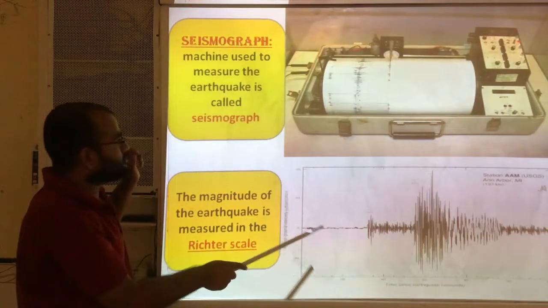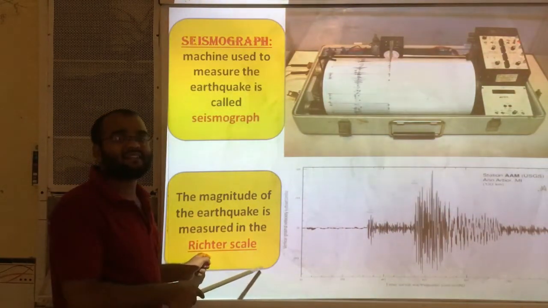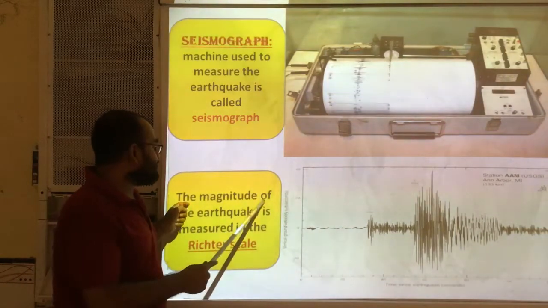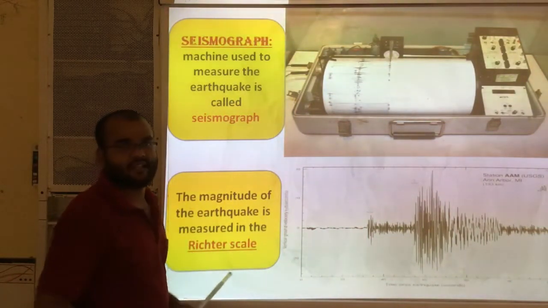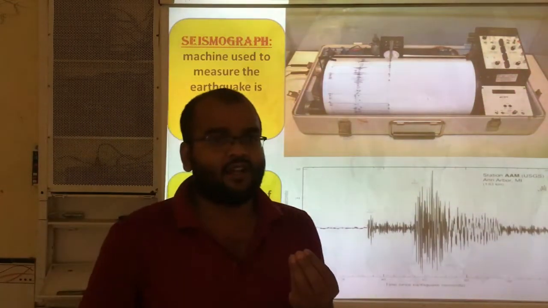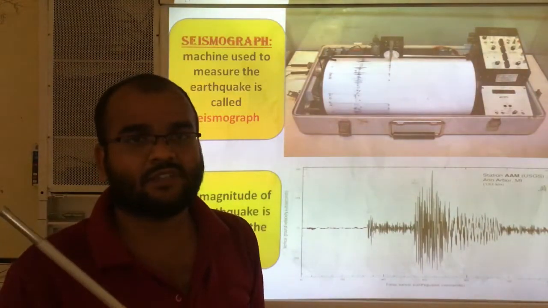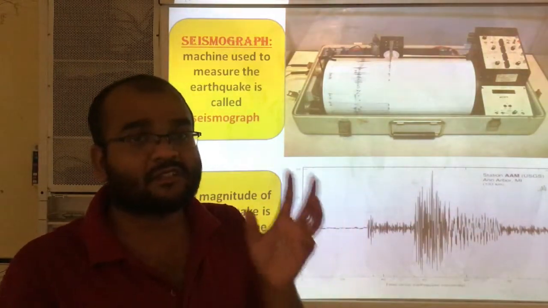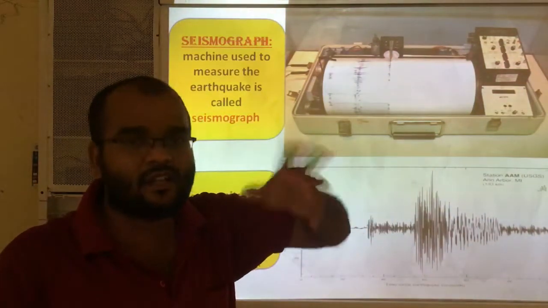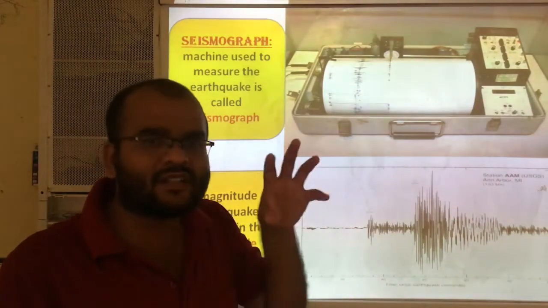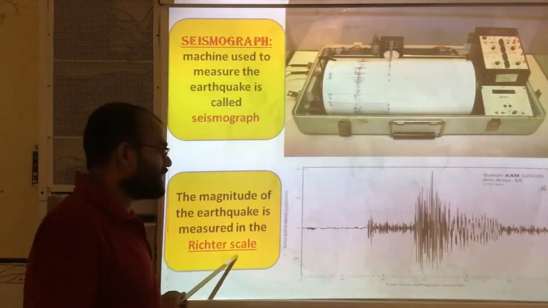And see one more thing, Richter scale. The magnitude of the earthquake is measured in the Richter scale. That means how much intensity that earthquake has, how strong that earthquake is, how much destruction that earthquake will cause. All these things will be measured by one scale, that is Richter scale.